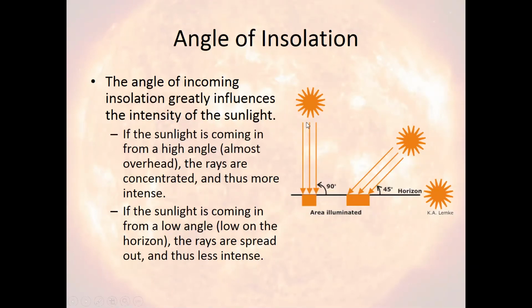A few lectures ago, I had you take a flashlight and shine it from directly overhead. And if you did that, you would notice that there was a relatively small circle that was very bright on the surface that you were shining the light on. However, as you lower the flashlight onto the horizon, that circle becomes wider and dimmer because the same amount of sunlight is now being spread over a larger area. Hence, it's more diluted, it's just less intense.